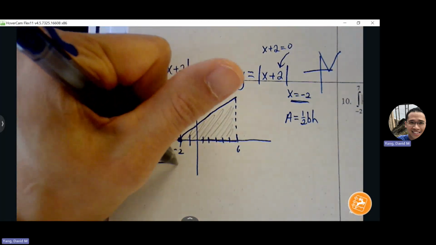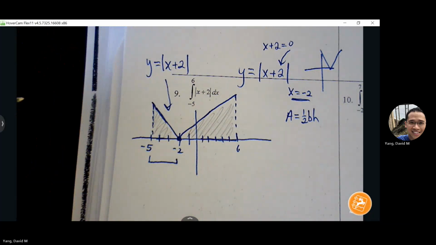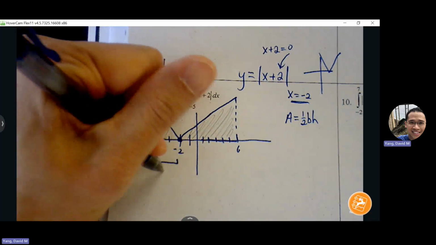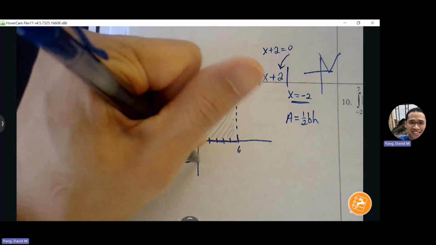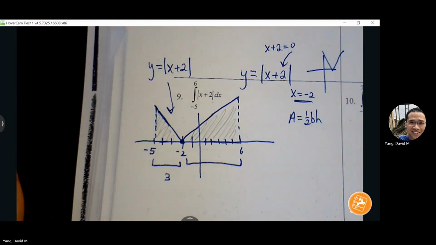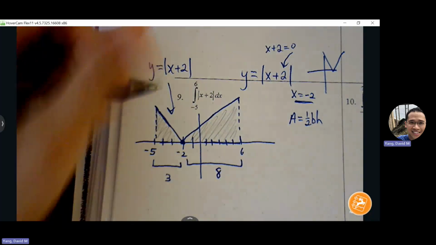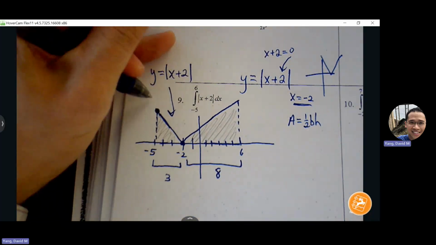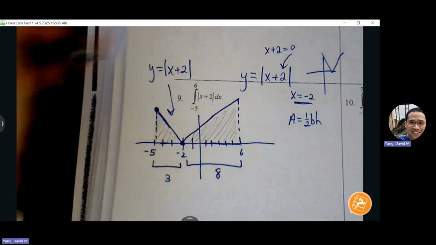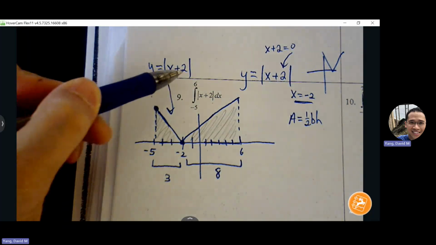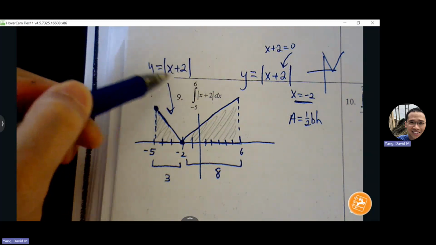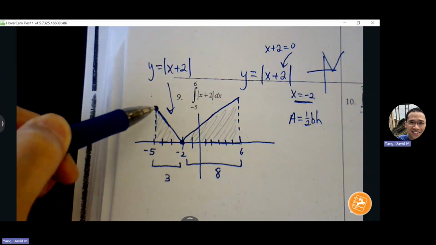What's the width of my first triangle? 3. Okay, what's the width of my second triangle? 8. Now, if I want to find the height of my triangle, I just have to figure out what the y value is at this point, right? So if I plug -5 in for x and figure out what that number is, then that number is going to be the height.